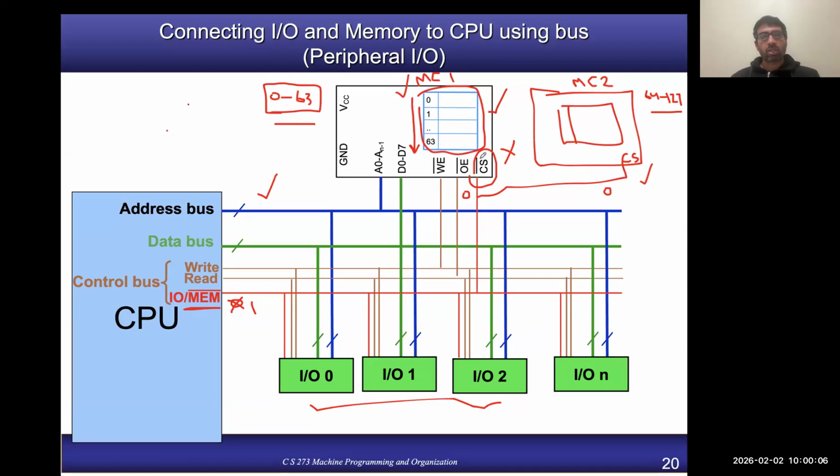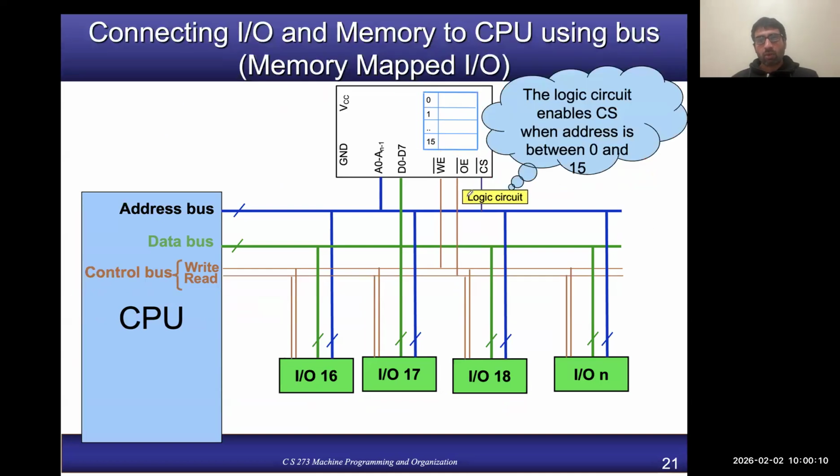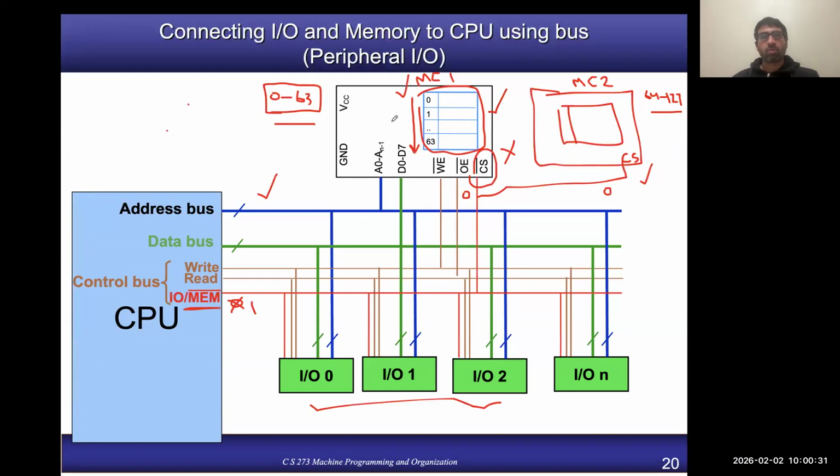And how do we perform address decoding? Instead of directly connecting the chip select with the chip select signal coming from the CPU, we can put a logic circuit here, right? And the job of that logic circuit is to enable this chip only if the address is in the desired range.